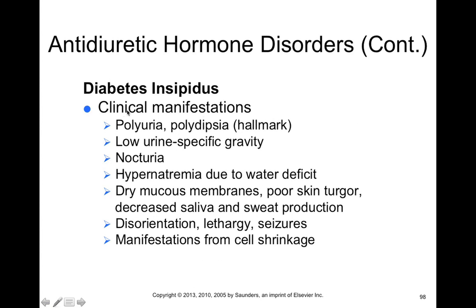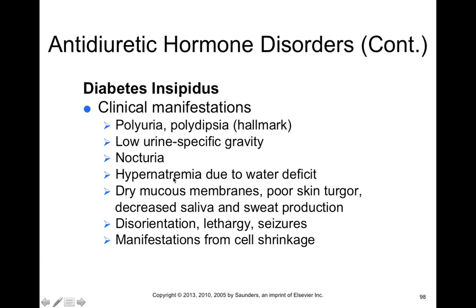Some of the clinical manifestations here: polyuria, which means excessive urination. Polydipsia, because you're going to have excessive thirst from that excessive urination. Low urine-specific gravity, right? You have a lot more water than solutes inside your urine, as well as nocturia. People have to wake up multiple times in the night just to pee because they're creating urine so quickly that they can't get a full night's sleep.